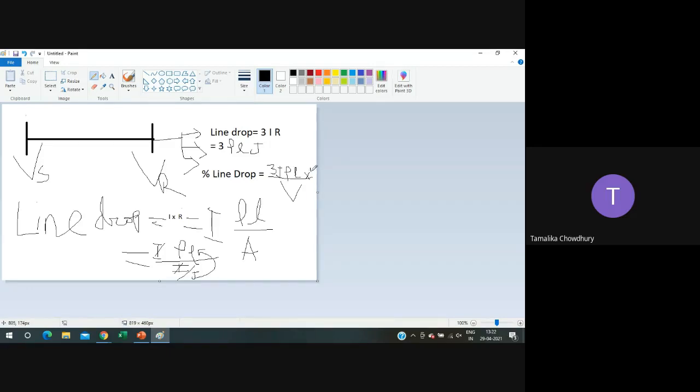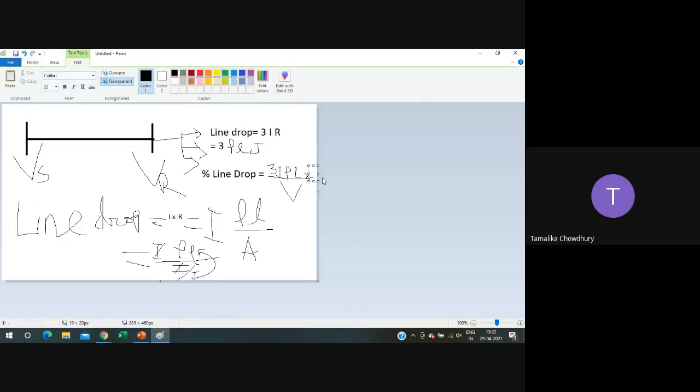It is not being clear, but this is actually into 100%.